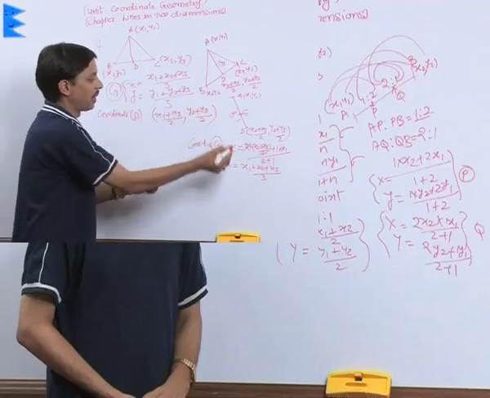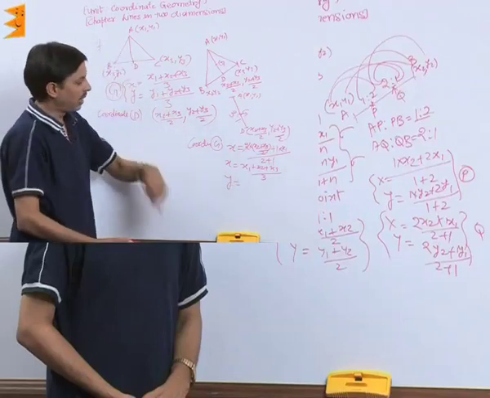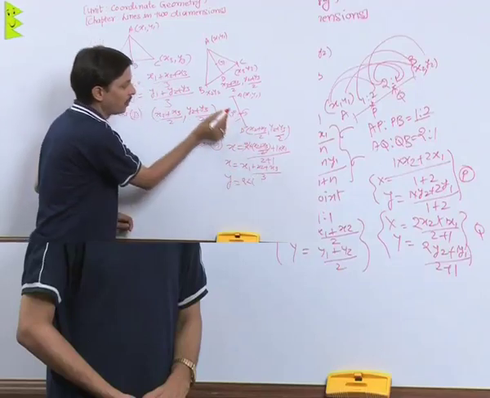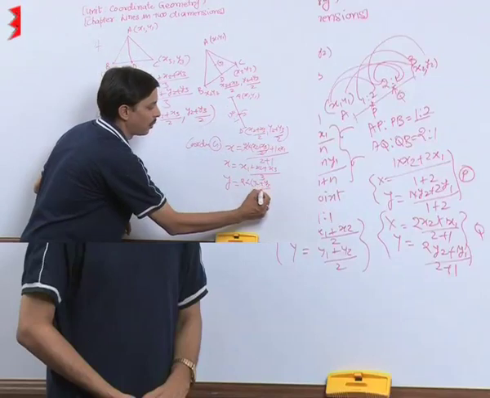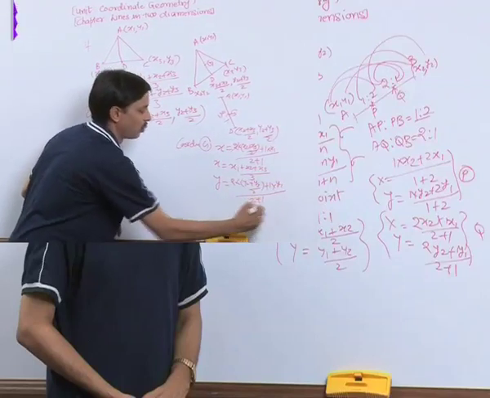Similarly, to calculate the value of y, we apply m y2 plus n y1 upon m plus n, and we will find 2 into the coordinate (y2 plus y3) upon 2, plus 1 into y1, upon 2 plus 1.